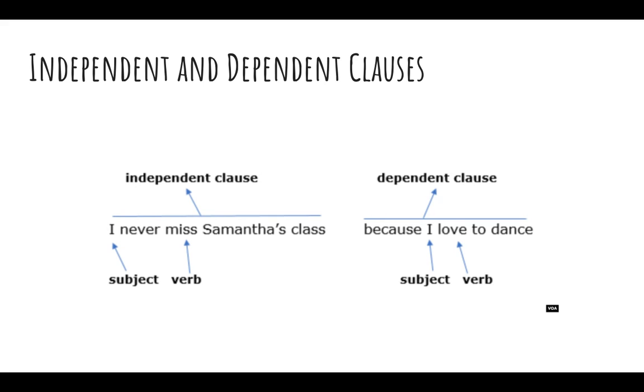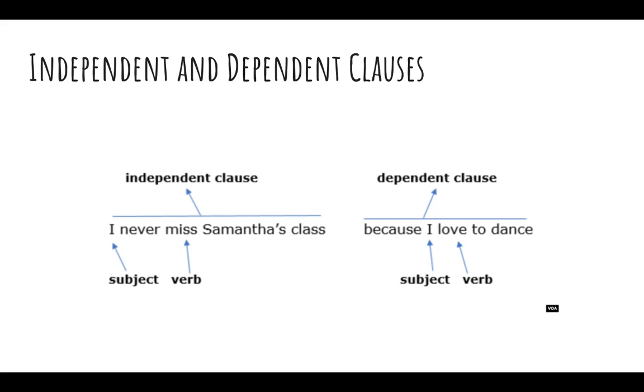You want to give variety, so you want to use different types of clauses in your writing. So this first clause is an independent clause. An independent clause means it can stand on its own. It's independent. It doesn't need anything else to go with it. I never miss Samantha's class. You have a subject and a verb, and it makes sense all on its own. So it's an independent clause. A dependent clause means it depends on something else for it to make sense.